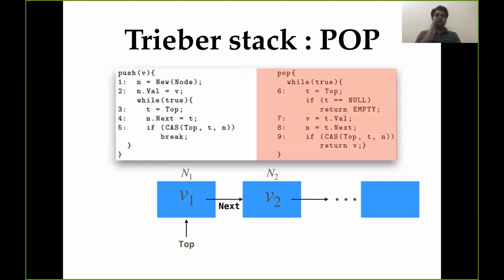Similarly, the pop method is going to update the top pointer to the next node in the linked list, and it's going to return the value v1 that was present in the original top. Now, note that in a shared memory system, this behavior is preserved irrespective of any number of concurrent invocations of push or pop.